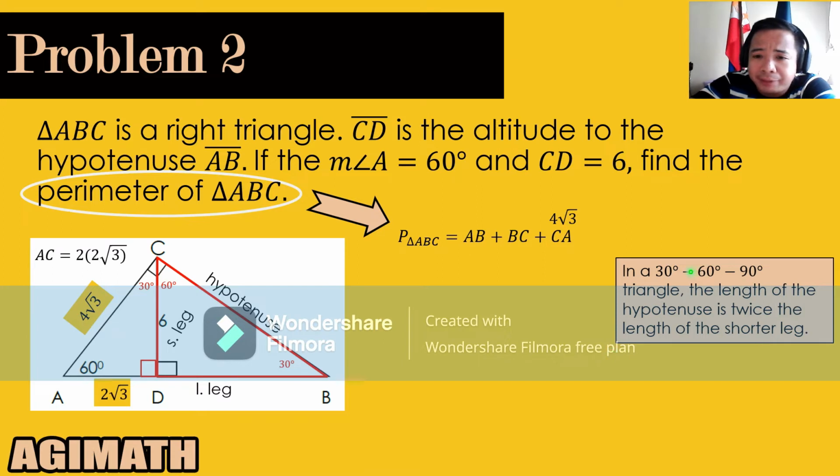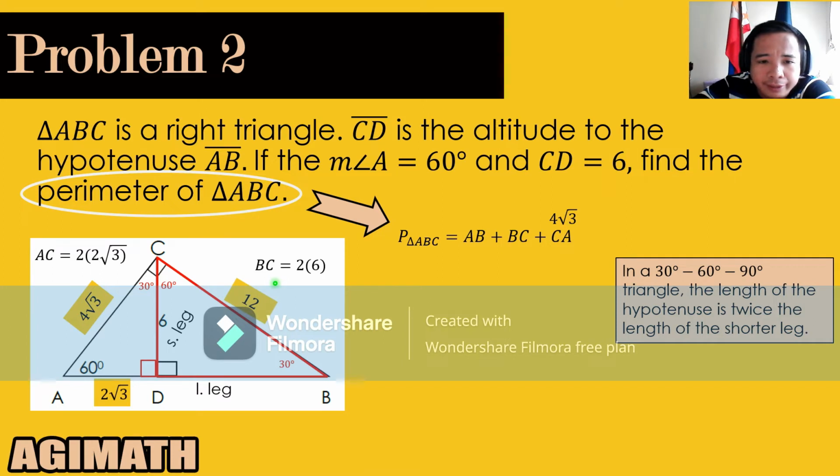Going back to the theorem, in a 30, 60, 90 triangle, the length of the hypotenuse is twice the length of the shorter leg. So the length of CB or BC is equal to 2 times 6, twice the length of the shorter leg, which is 6.